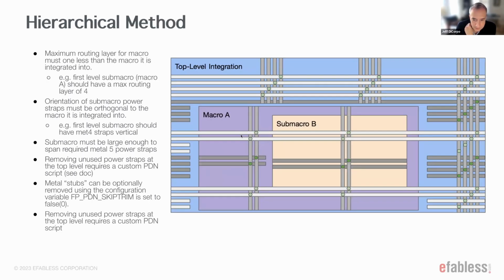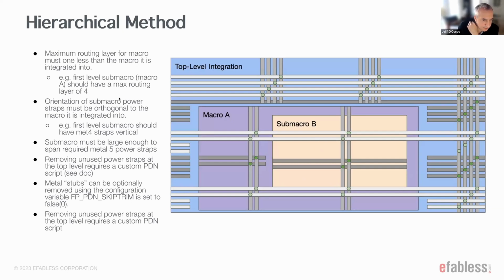If you can see these lower ones here, those are being connected to metal 4 in the macro A through these vias placed where they intersect here, right? So that's how power is connected and propagated down through the design. Obviously, as you go further down the design, you lose more routing layers, and the complexity of your sub macro is more constrained as you do that.